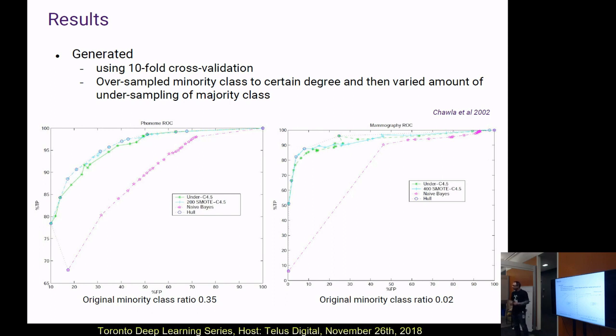You are using SMOTE, you are generating new points to help the decision boundary get better. So how many points are you generating? That's a hyperparameter. Well, they've actually done a number of tests to change that, and they're only showing their best results here. So it happened that 200 times oversampling of the minority class was the best that they had from the list that they tested.